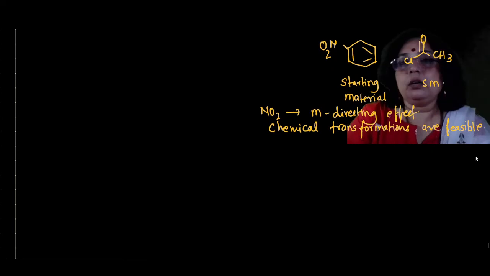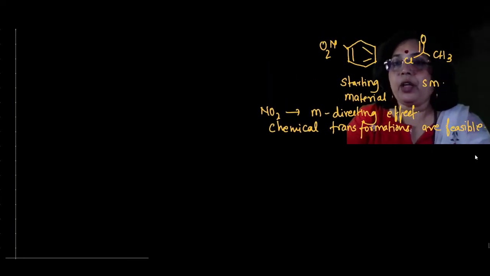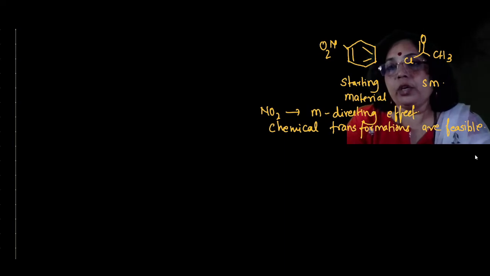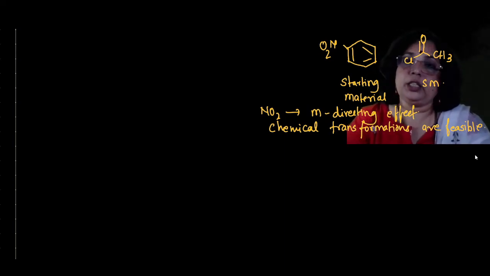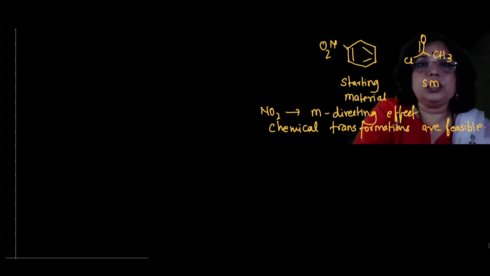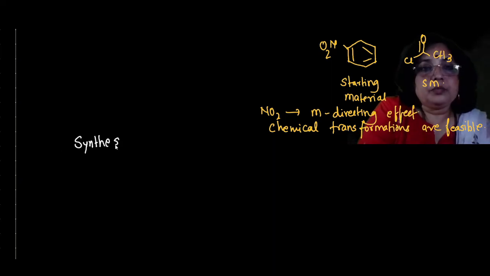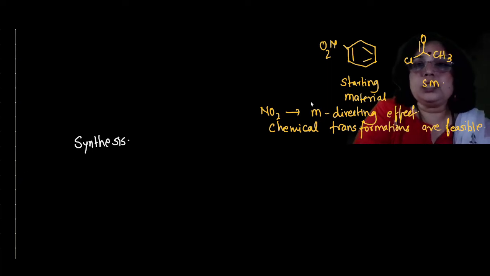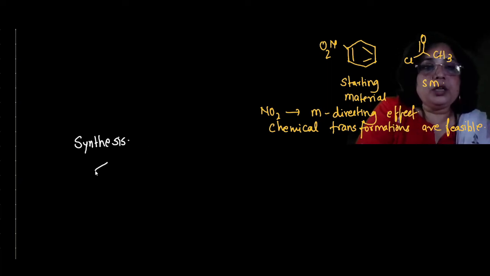Now let us verify whatever we have planned in the retrosynthesis; it should be reflected in the synthesis part. Now I am going to write down the synthesis of the target material.